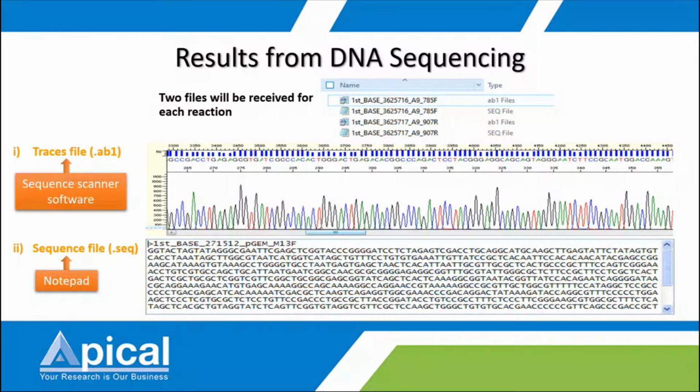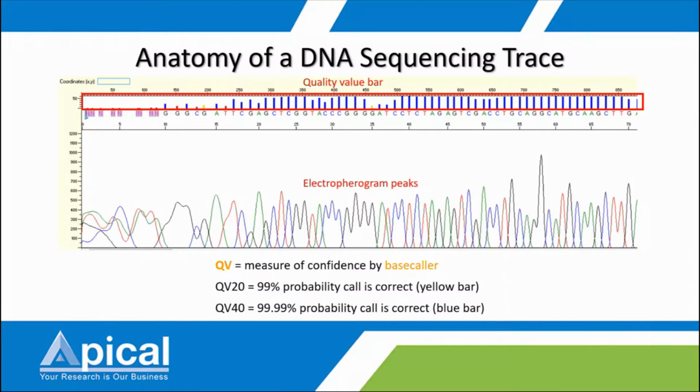The reason is that when you open the AB1 file with Sequence Scanner software, you will find the quality value bar. The quality value bar shows in three colors: blue, red, and yellow.